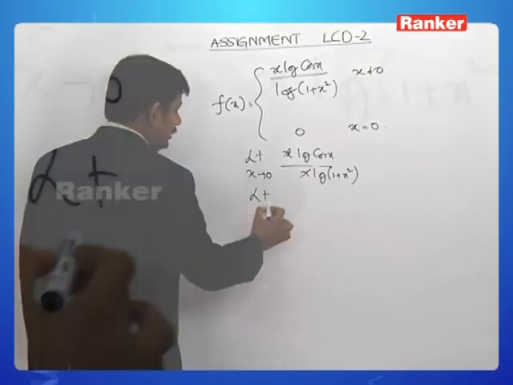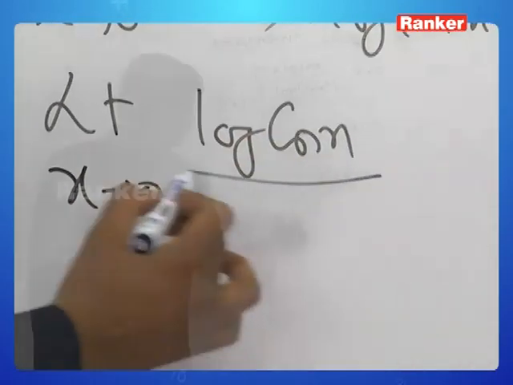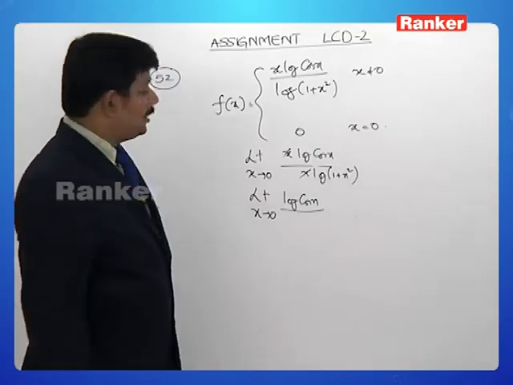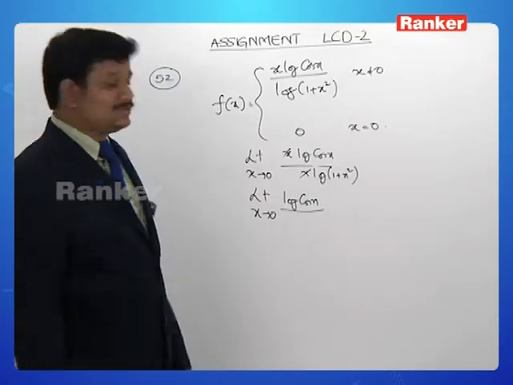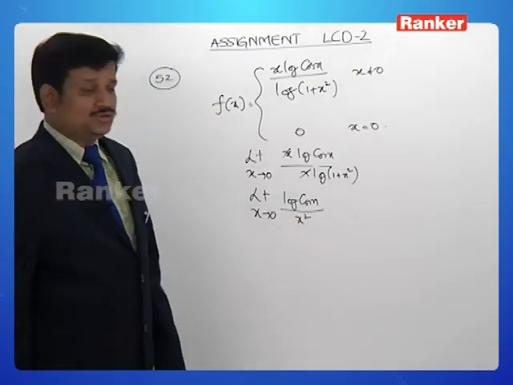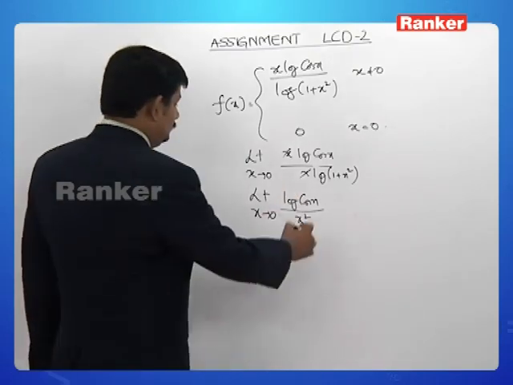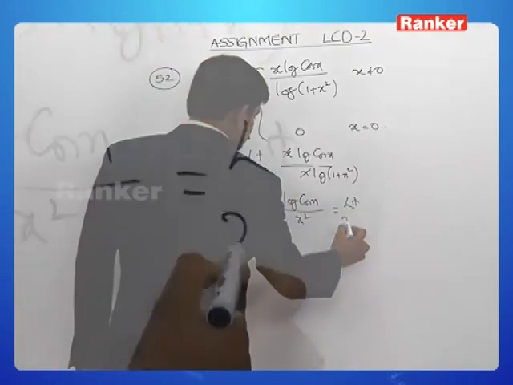We have limit x tending to 0 of log cos x divided by log of 1 plus x square. In the previous discussion we saw log of 1 plus x square is equivalent to x square. So, this limit will be log cos x by x square. This is again 0 by 0 form. Let us apply L'Hospital rule.